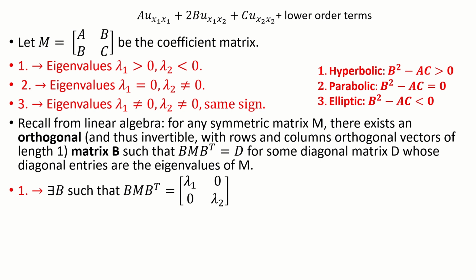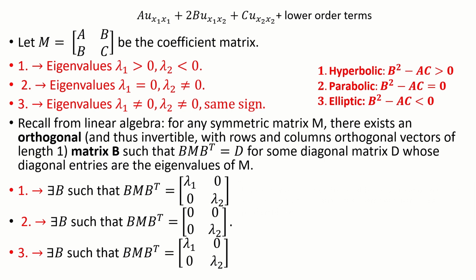Similarly, if the PDE is parabolic, then there's a matrix B such that B M B transpose is this diagonal matrix. Finally, if our PDE is elliptic, there's a matrix B such that B M B transpose is this diagonal matrix.